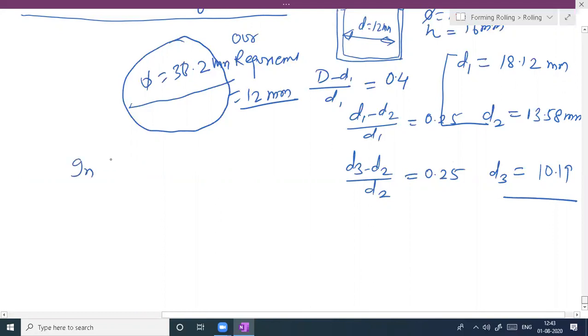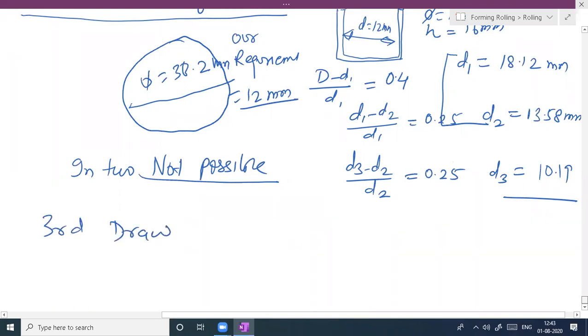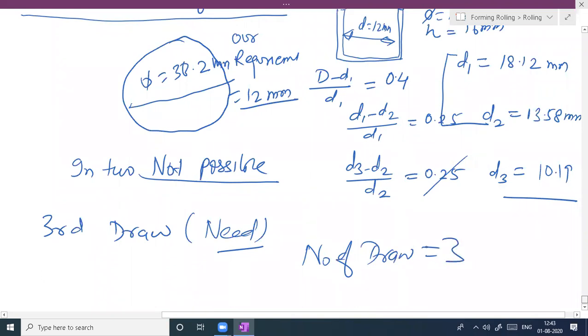In the third draw, this reduction will be less. I mean you need a third draw. So the number of draws is 3.